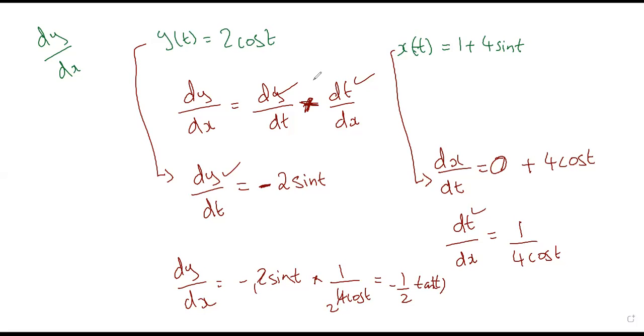We have not studied this concept before. Here they have given us two equations. One is y equals something and the other is x equals something, and in both the something part has t.